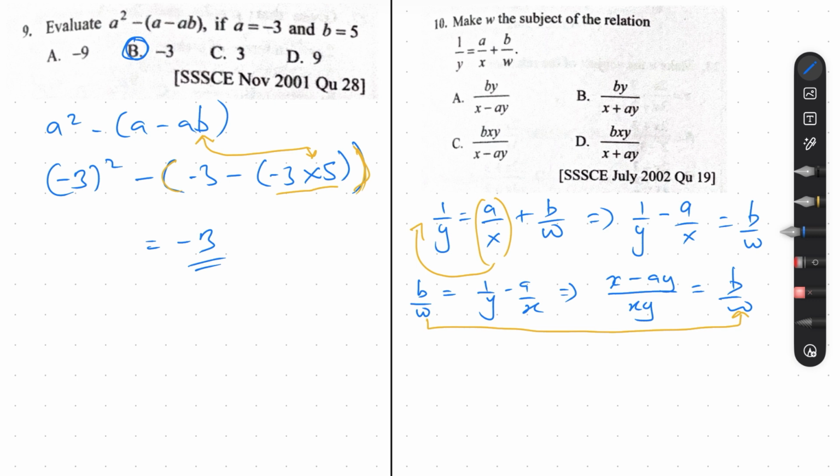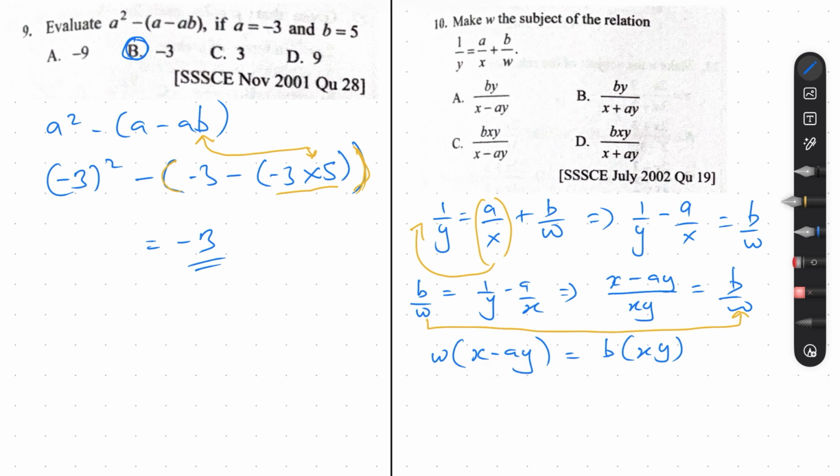So we have w multiplied by x minus ay equals b multiplied by xy. Okay, so now we want to make w the subject, so we can just divide both sides by this so that this can cancel out. So we divide both sides by x minus ay.